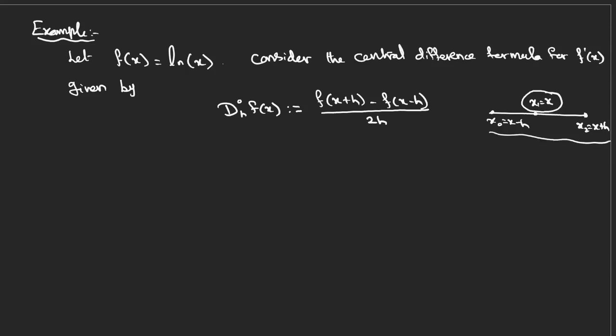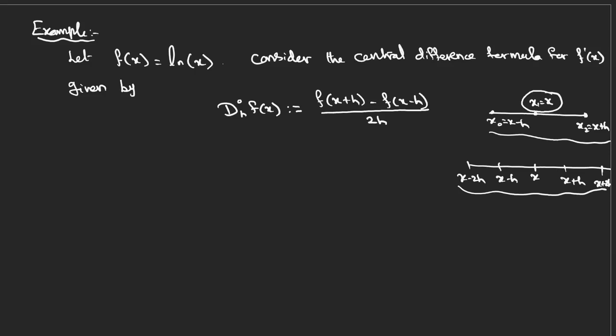Similarly, you can also devise a central difference formula for f dash that involves 5 points, say x, x minus h on this side, and x minus 2h, and similarly on that side you have x plus h, x plus 2h, and the formula that comes out of these nodes will also be called the central difference formula for f dash with 5 nodes.